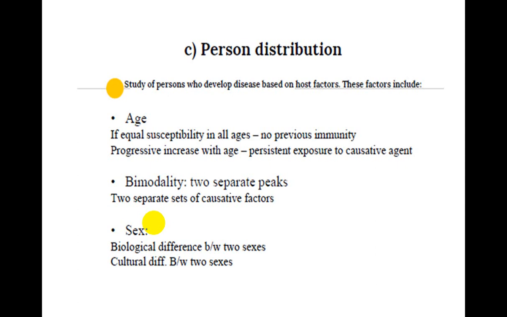If the attack rate of a communicable disease is uniform in all age groups, it implies that all age groups are equally susceptible and there was no previous immunity. Many chronic and degenerative diseases show a progressive increase in prevalence with advancing age. This may reflect a persistent and cumulative exposure to a causal agent or a risk factor.